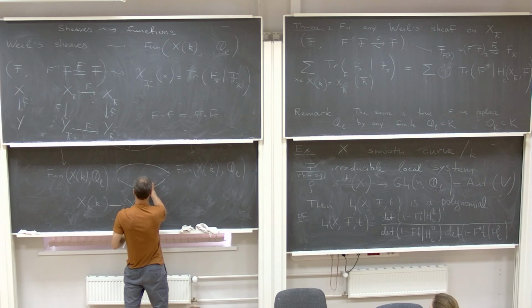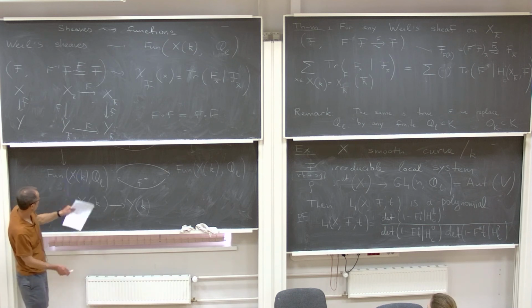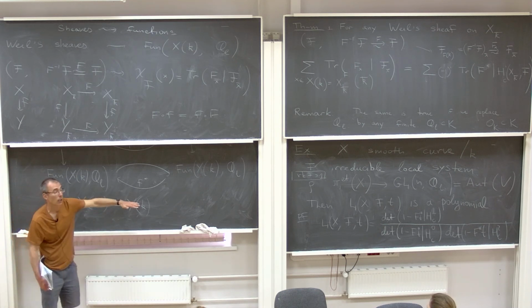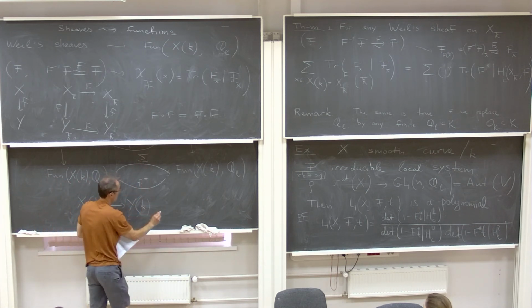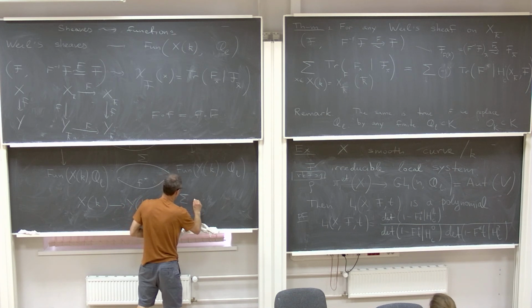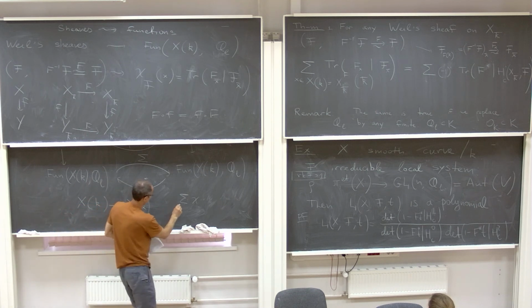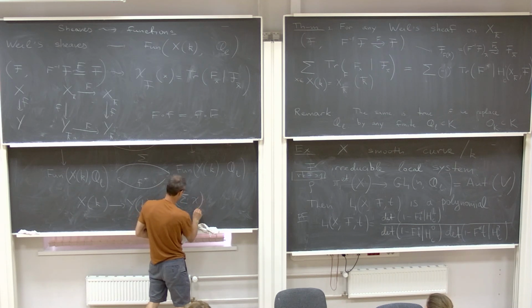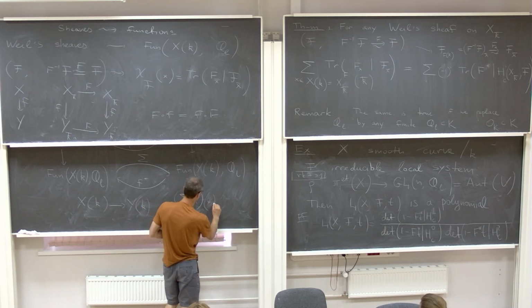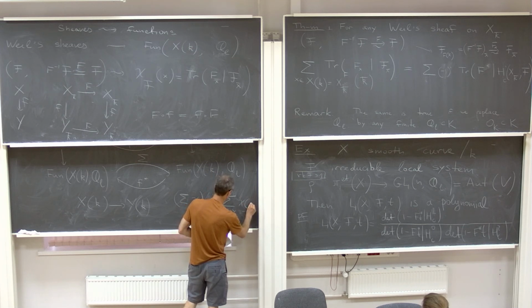This gives me the pullback map. And if I have a function here, I can construct a function here. That's called the summation. So if you have a function chi on X, the summation of this function evaluated at some point y is just the sum over all points x with f(x) equal to y of chi(x).